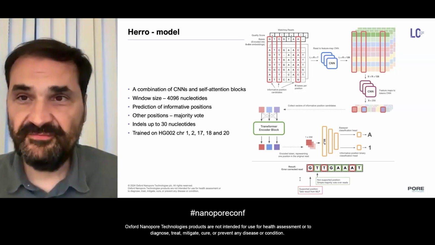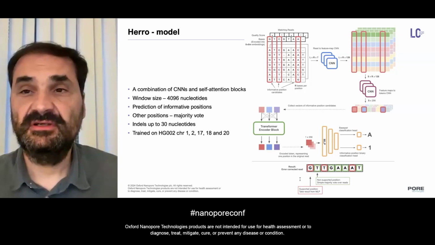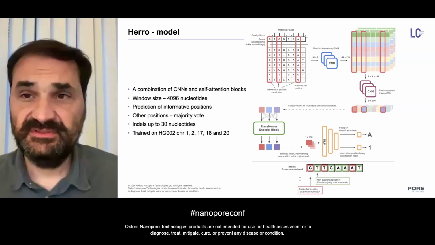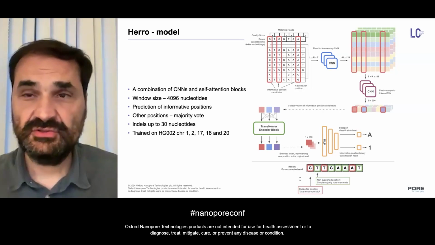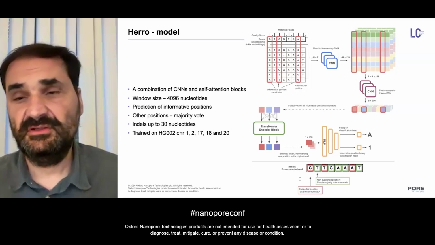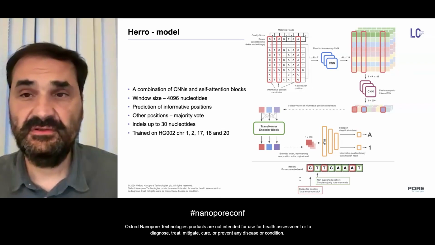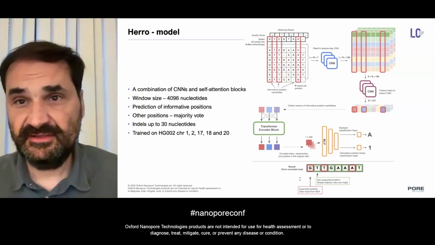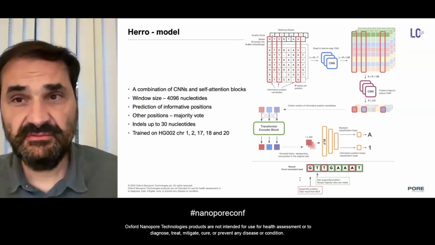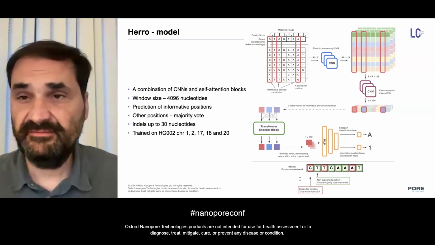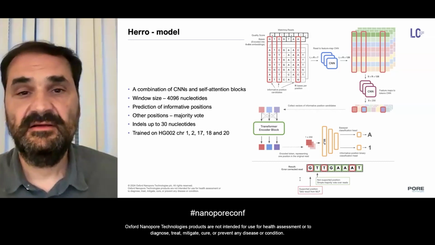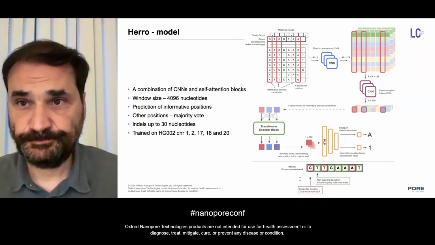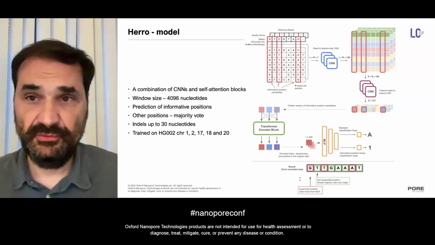To keep informative positions intact, we developed a special type of model. It consists of two types of neural network architectures. We have two convolutional layers, and at the end we have a transformer encoder block. So the idea is the following.